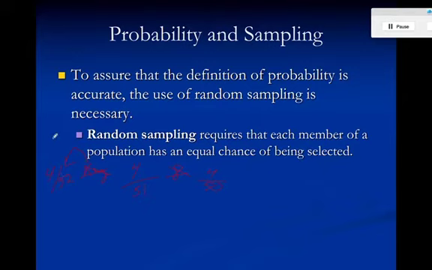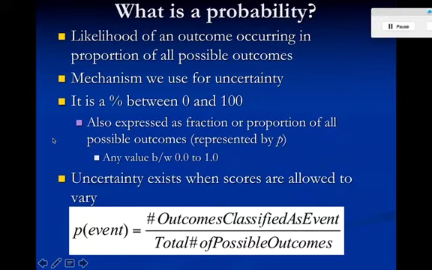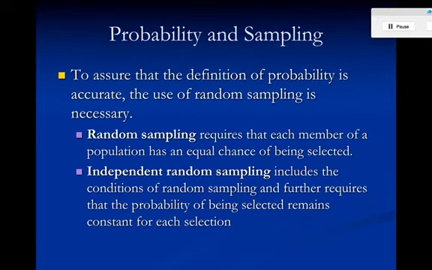So when we think of this idea of probability and sampling, and here let me just delete whatever I wrote there, we also have what's called independent random sampling. And this includes the condition of random sampling and further requires that the probability of being selected remains constant for each selection. So just like we were mentioning in terms of putting the king back into the deck of cards, this is what independent random sampling really means.